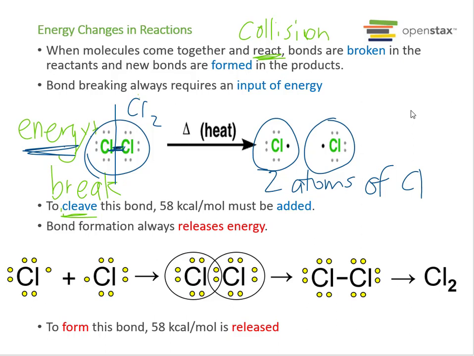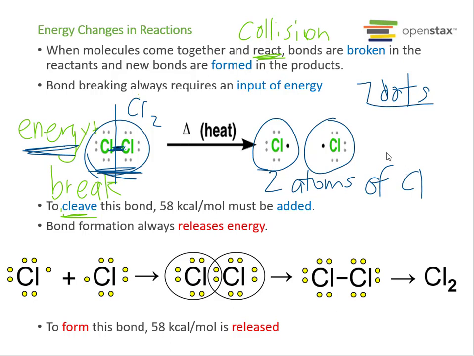By showing the Lewis dot diagrams, we know that each chlorine in my reactants had 7 dots, and the lone dot on each one formed that pair. On the right-hand side we have 7 dots each, because chlorine is in group 7A, the halogens.